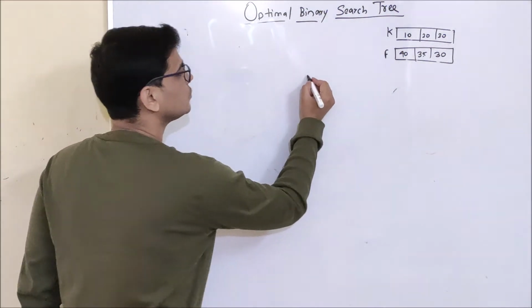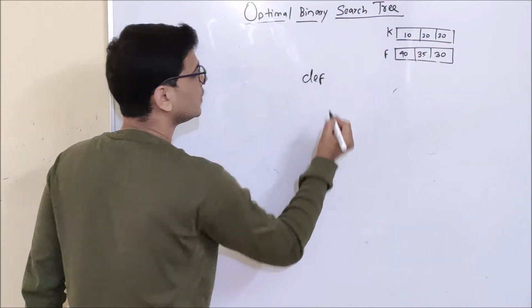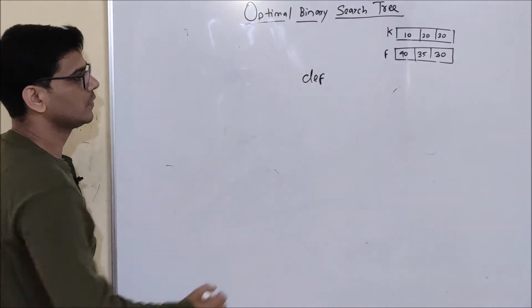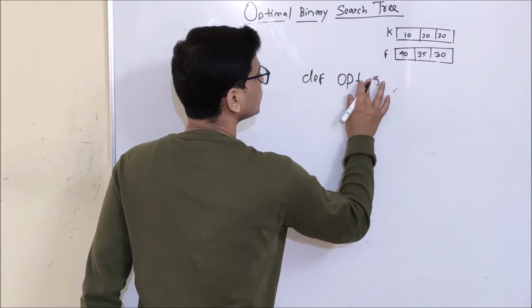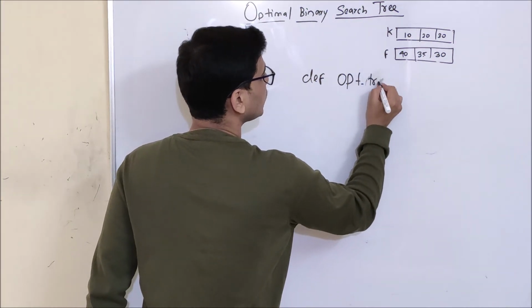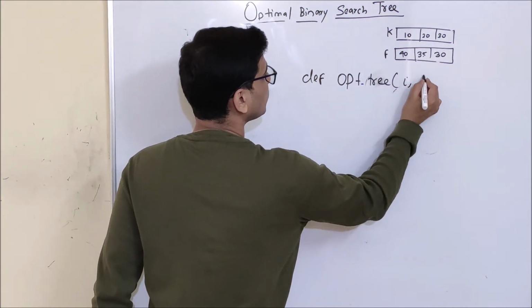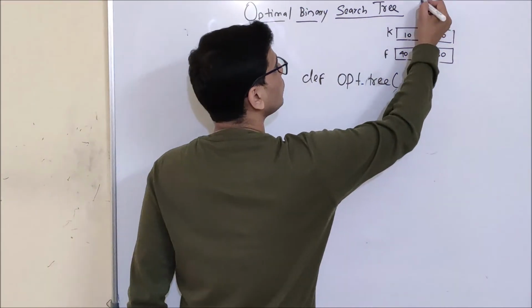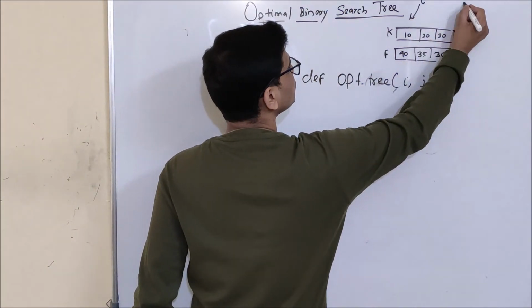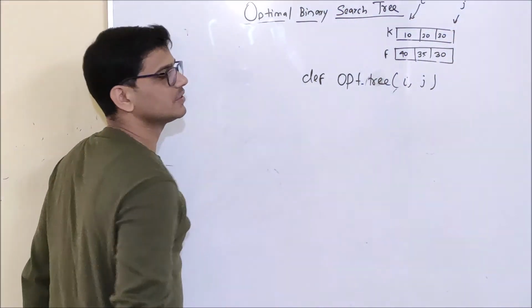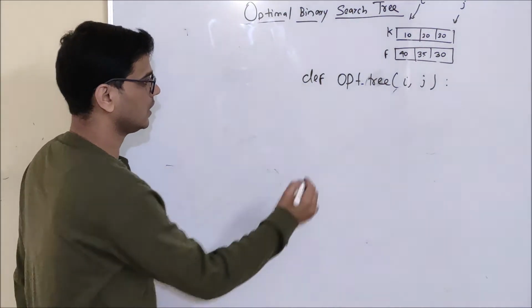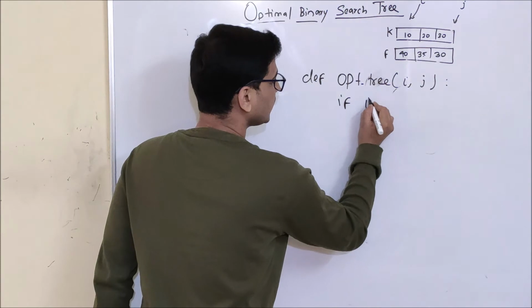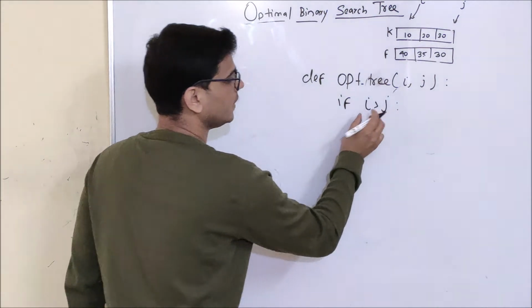Now let's understand it through a program. First, the def keyword to define the function. Let's name this function opt tree. It will take two parameters, i and j. i will point to the first key and j will point to the last key. First of all, the base case. If i is greater than j, can it happen?